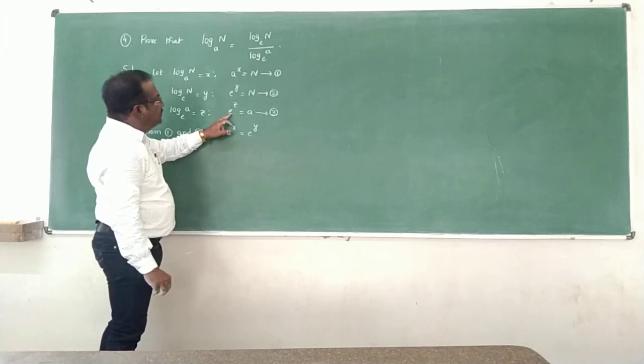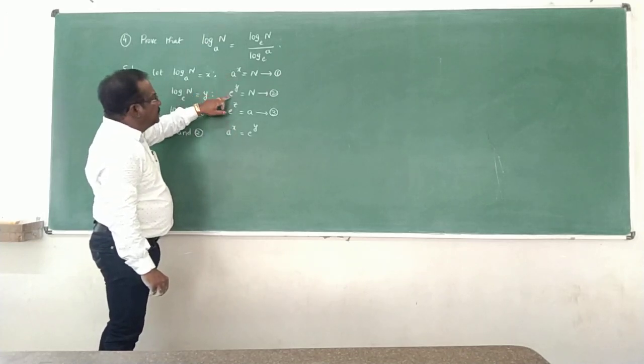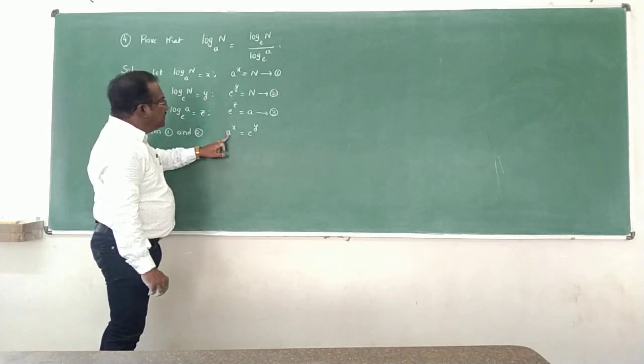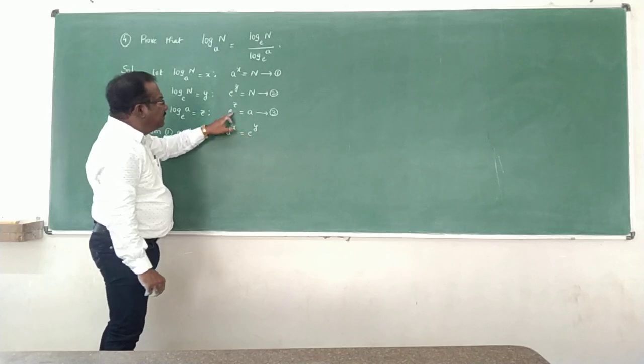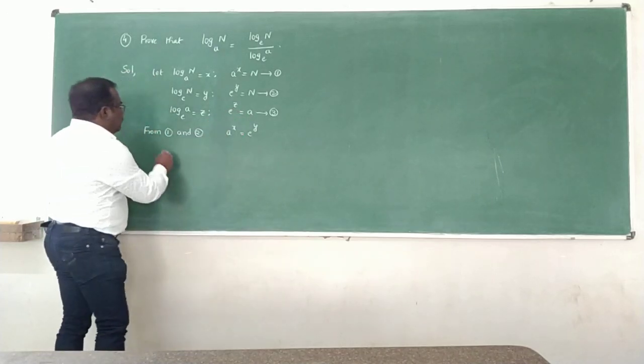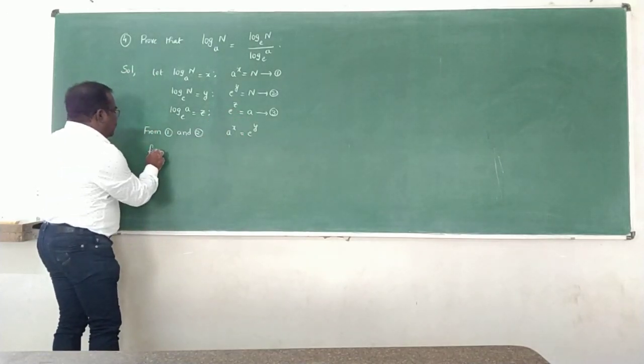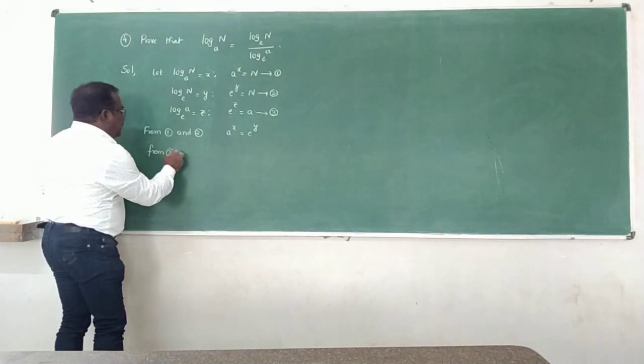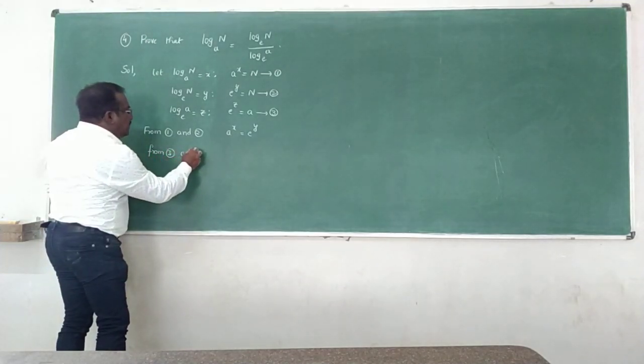Again, in the place of a, can we write e power z from 3? From 3, a is equal to e power z.